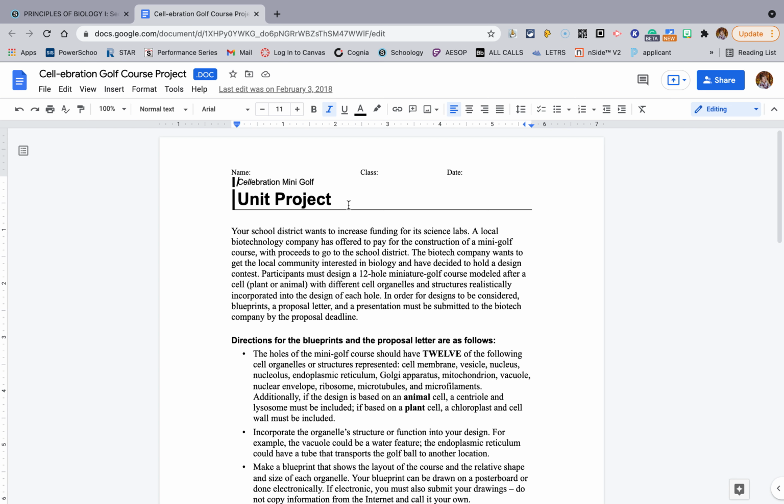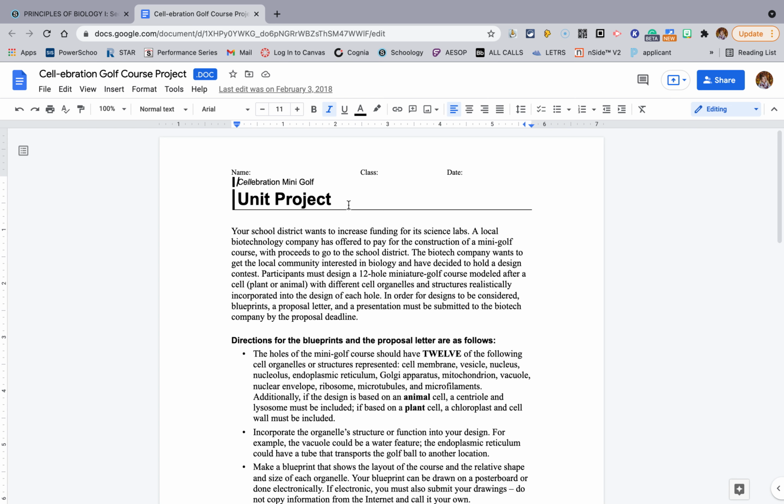Okay. So it says your school district wants to increase funding for its science labs. A local biotechnology company has offered to pay for the construction of a mini golf course or an amusement park with proceeds to go to the school district. So you're designing a golf course or an amusement park, okay? The biotech company wants to get the local community interested in biology and has decided to hold a design contest.